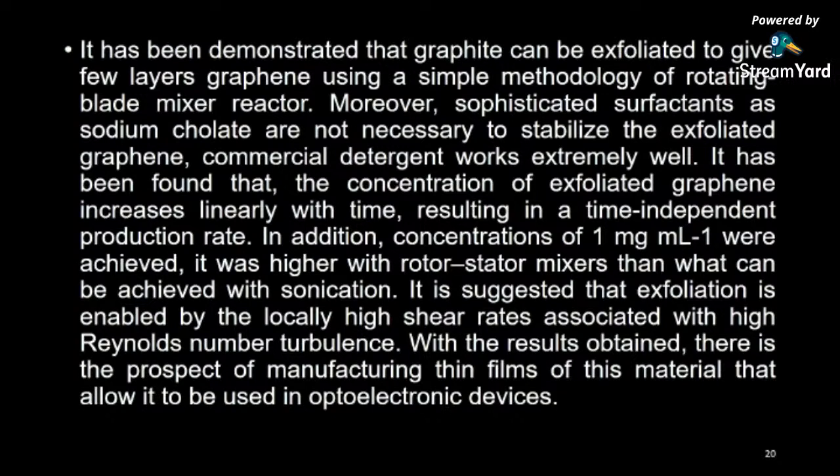But the work that has to be done in the next days is the fabrication of a thin film for this material. With this thin film, we can use it in optoelectronic devices. And this is the objective for this work.